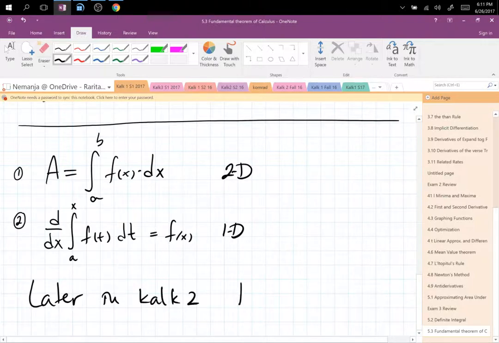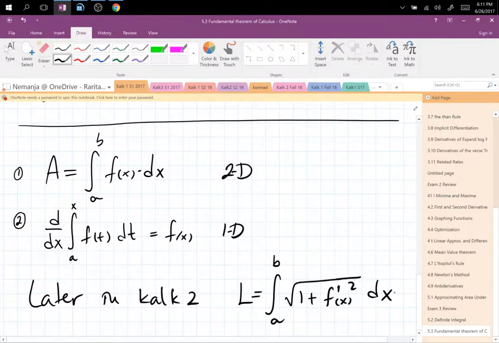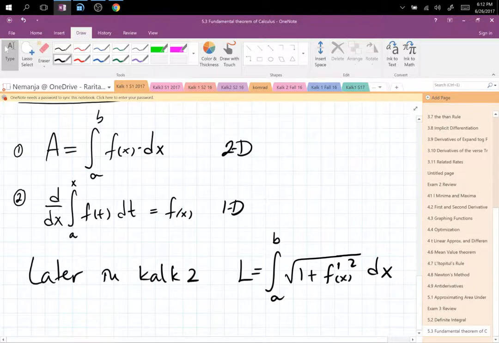you run into a formula for the length of the curve, and you will see this: a to b, square root of 1 plus the derivative squared, dx. Now, you are learning all the time that integrals compute area, but then very quickly in Calc 2, on day 3, you see this formula, and you go, what the hell?